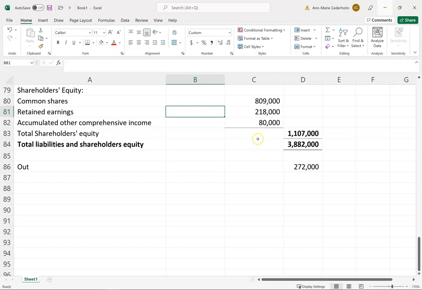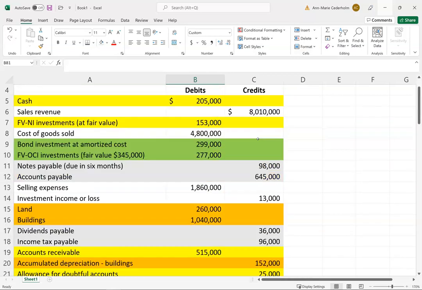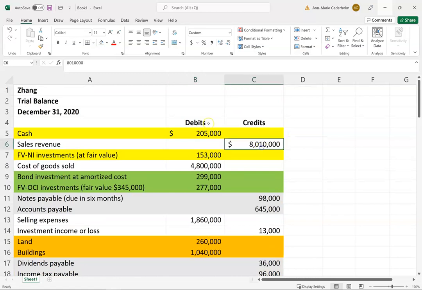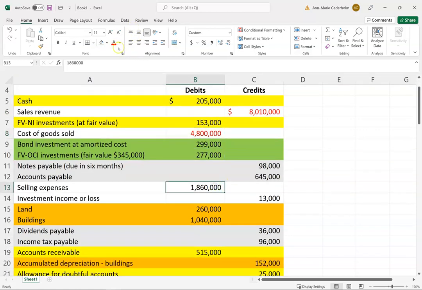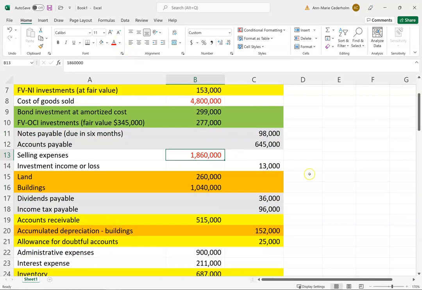Okay, so I'm going to solve this dilemma without actually putting together an income statement or a statement of retained earnings. So if I highlight these amounts, I'll just highlight them in red. So these are all of my income statement items that you have in order to get net income. So sales minus cost of goods sold minus selling expenses plus investment income or loss.